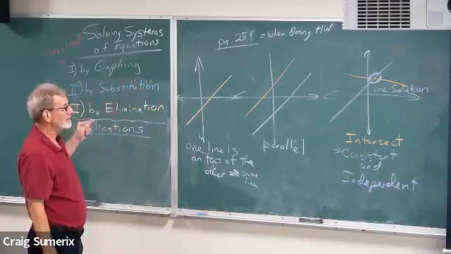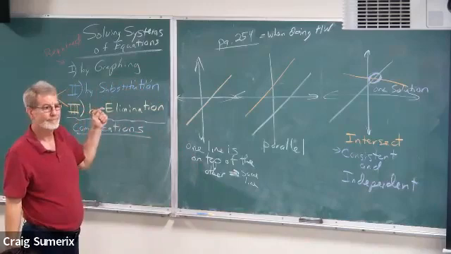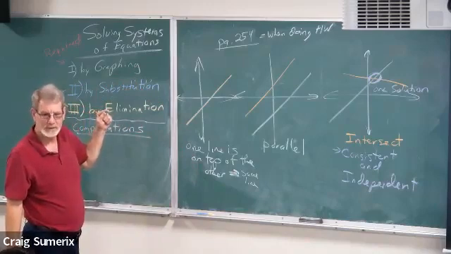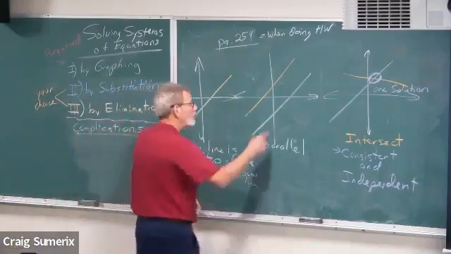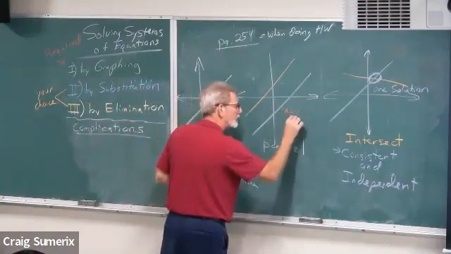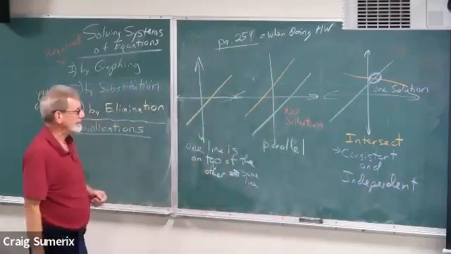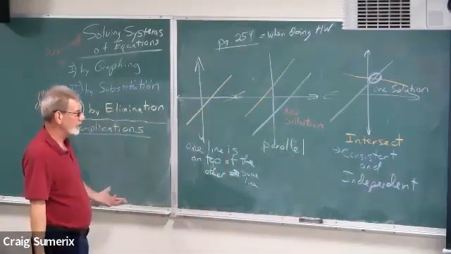With parallel lines, what's the solution? There isn't one, is there? With parallel lines, they don't cross at all, so there is no solution. The two lines are completely different and don't ever get together.